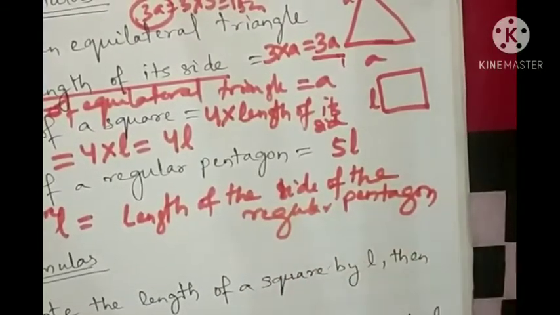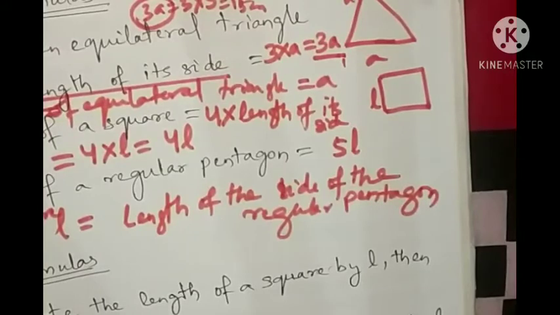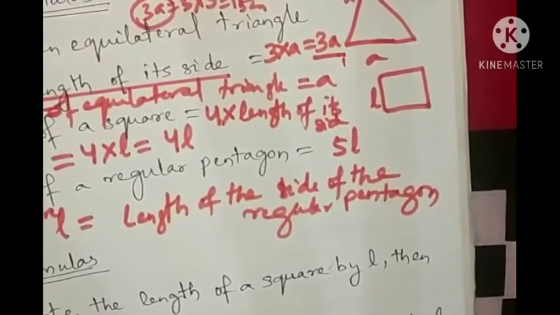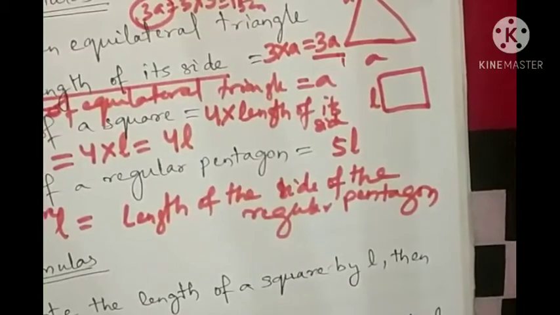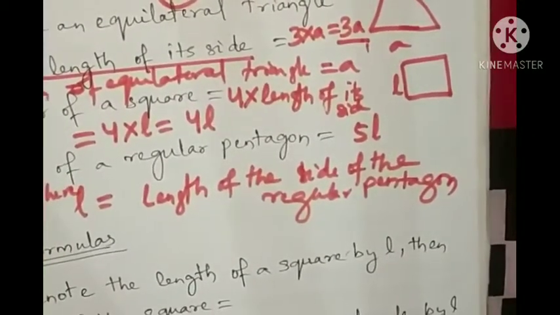Like that you can find the perimeter of a hexagon. Hexagon is how much? 6l. Then heptagon: the perimeter of a regular heptagon is 7l, where l is the length of the side of the regular heptagon. Okay, like this you can find the perimeter formulas.